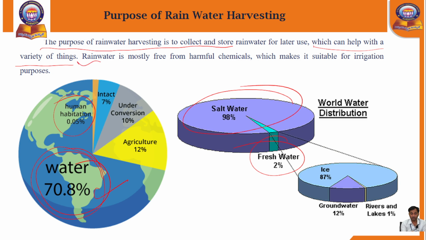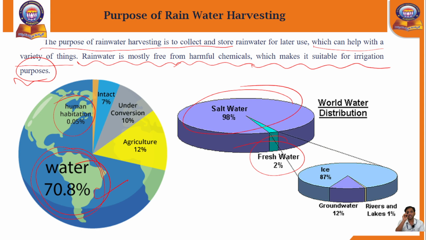Rainwater is mostly free from harmful chemicals, which makes it suitable for irrigation, and you can use it for home needs also.